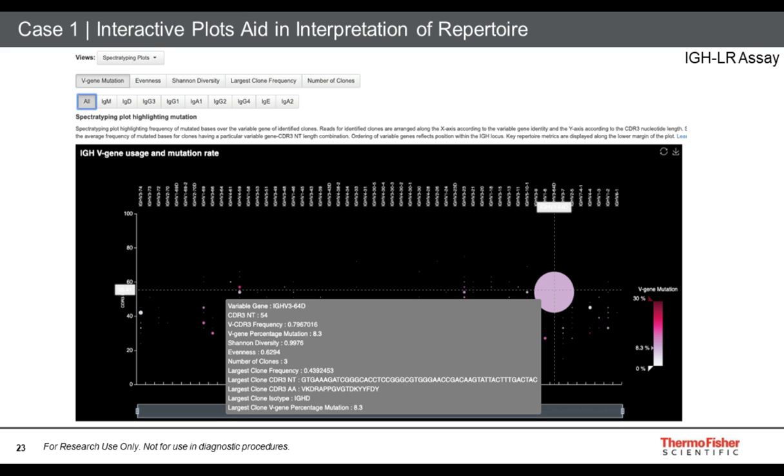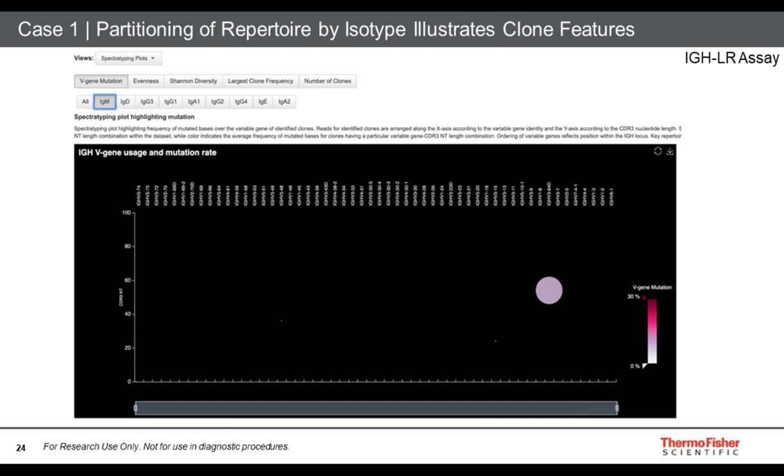In fact, with these plots, we can partition the repertoire by isotype, such that we're only viewing rearrangements having a particular isotype. So now, instead of viewing the entire repertoire, I'm going to click on IgM.